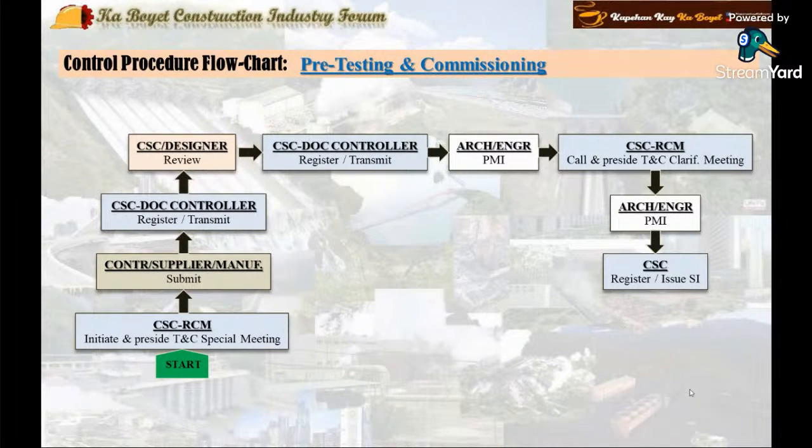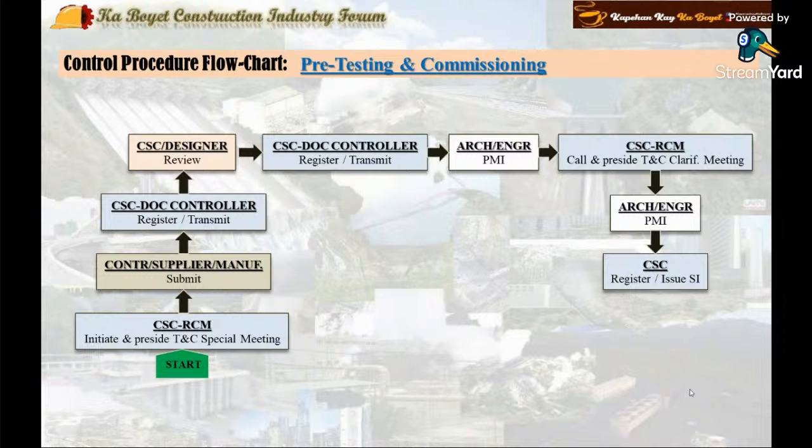Then the consultant document controller receives and registers the PMI in the project document registry log. Then he prepares a formal site instruction and forwards the PMI, the project manager's instruction, and the draft site instruction to the resident construction manager for review and his signature.